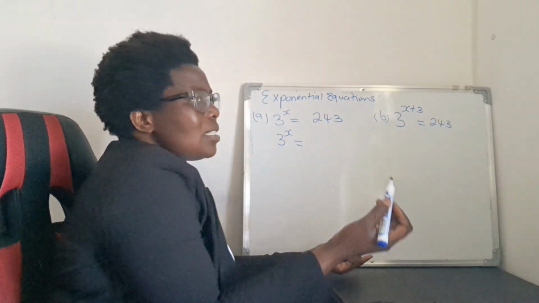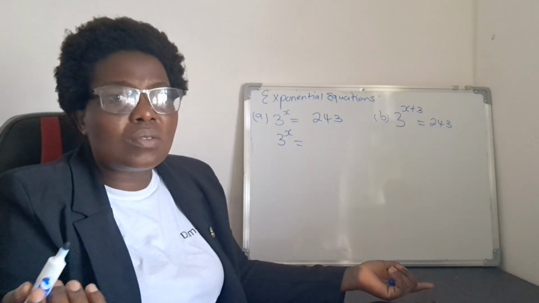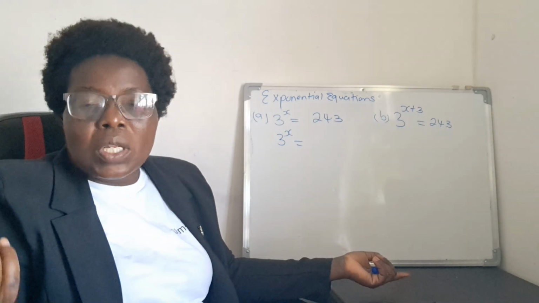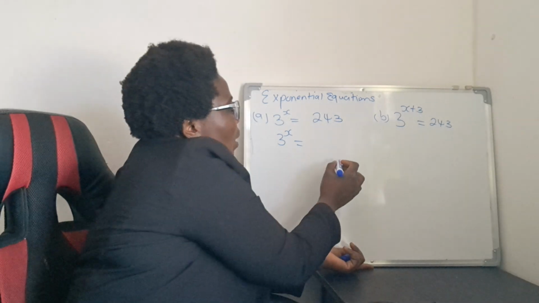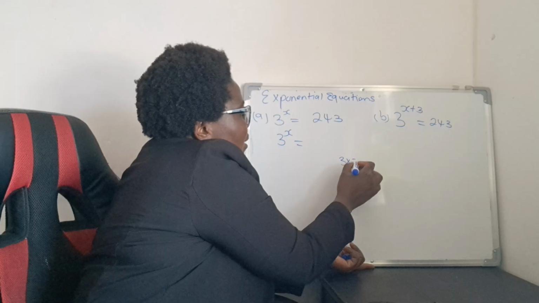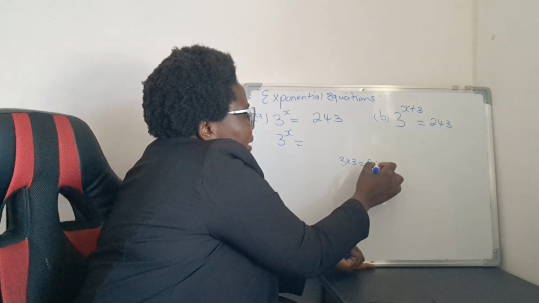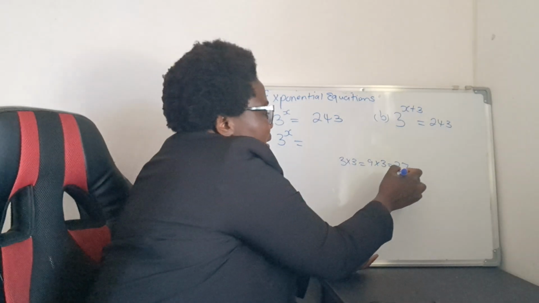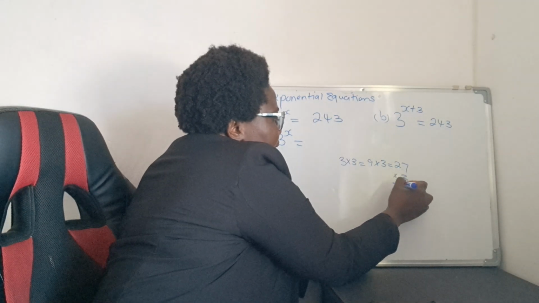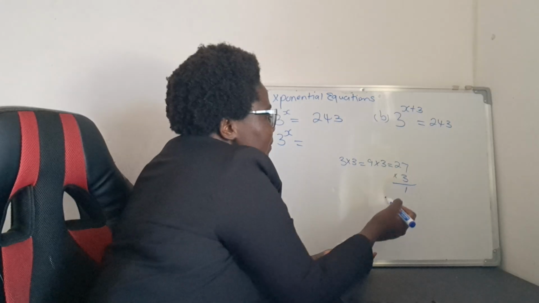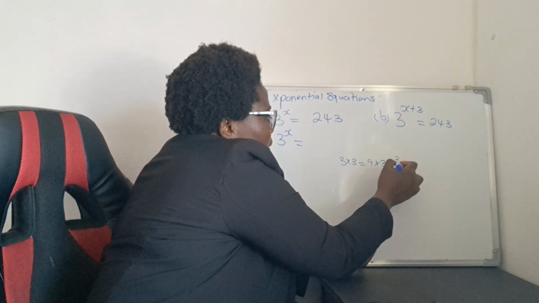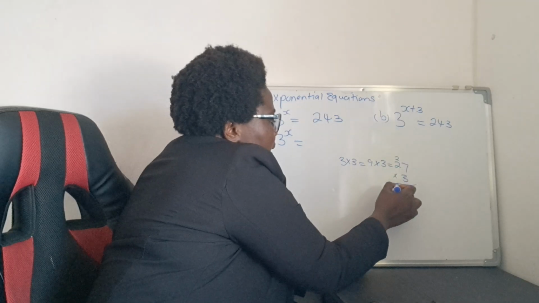You can either use division to see how many 3's are there in 243, or you can do it the longer way where you say 3 times 3 is 9, times 3 gives us 27, and then 27 times 3 is 81.